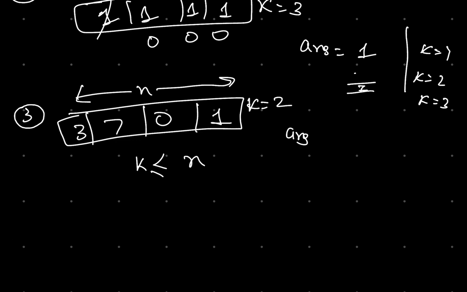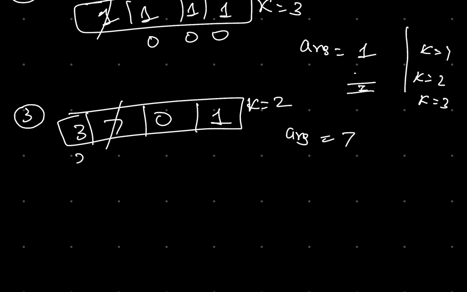So the answer will be 7 first. 7 will go on, then 3 will become 2, 0 will remain 0, and 1 will become 0. Now for k equals 2, 2 will be added, and the rest will not be there. So this was a very simple question.